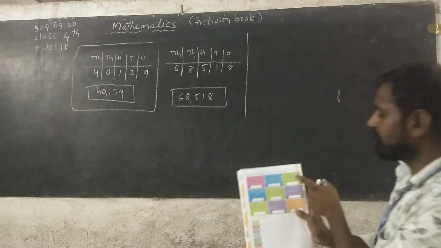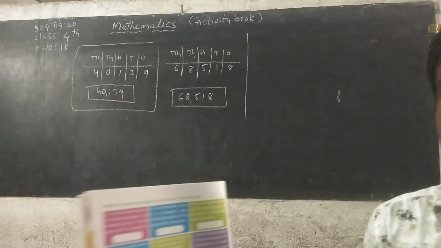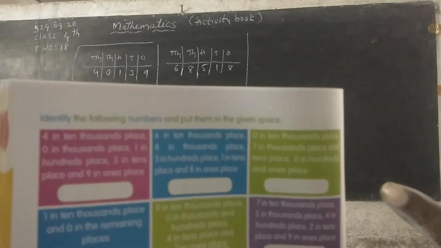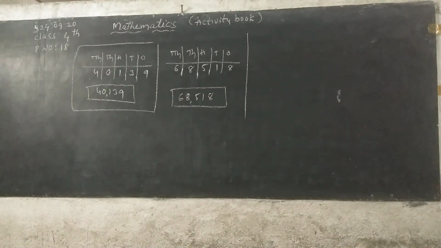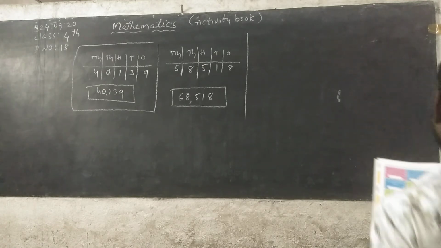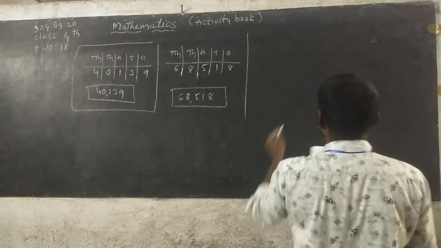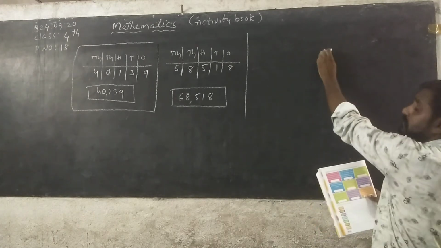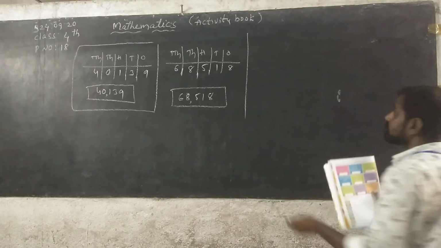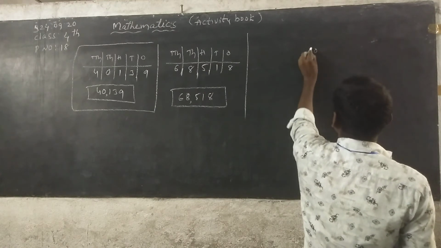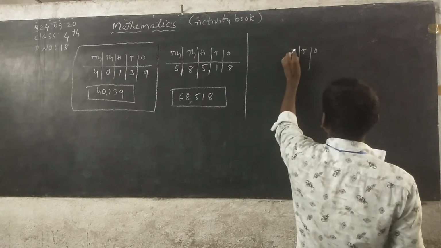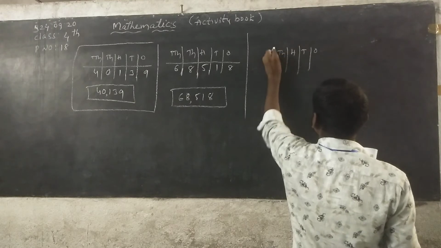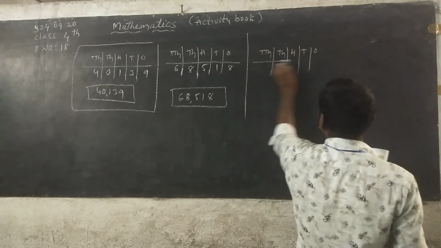Now, first row, third one, green color. See here, listen carefully. This is very important. Ones, tens, hundreds, thousands, 10,000's.